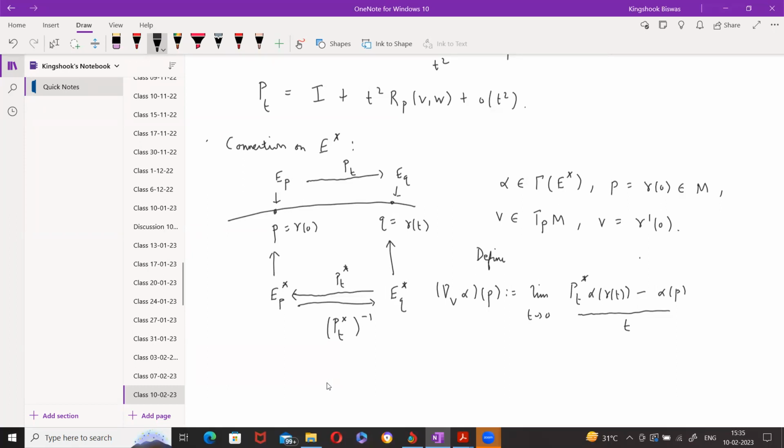This will give me my connection on the dual bundle.